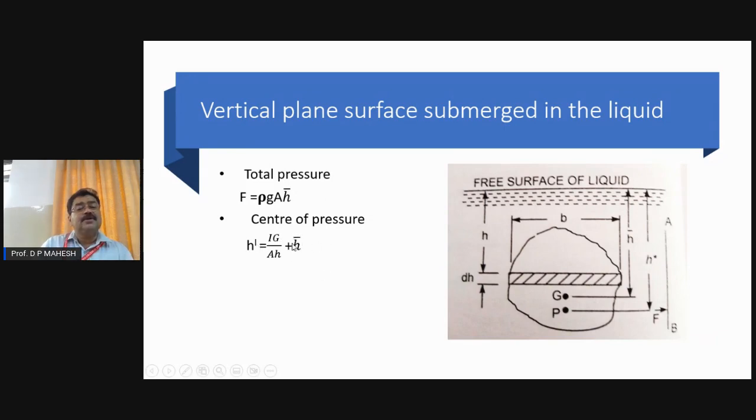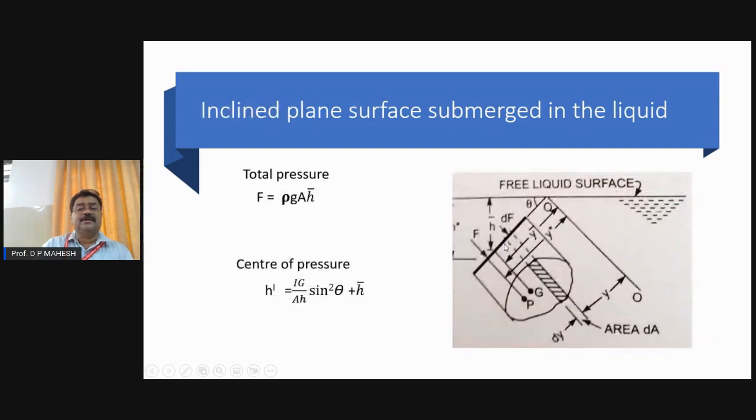H bar is how far the center of gravity is below the free liquid surface. Whereas h dash is the point where this force is going to act on the plane surface. That point of application of the total pressure, at P, whose distance from the free liquid surface is denoted as h dash.